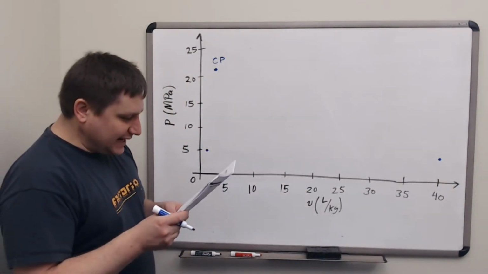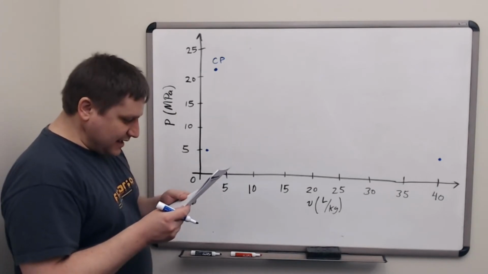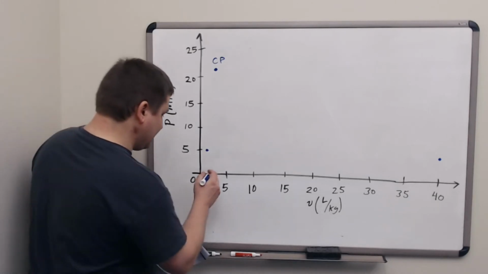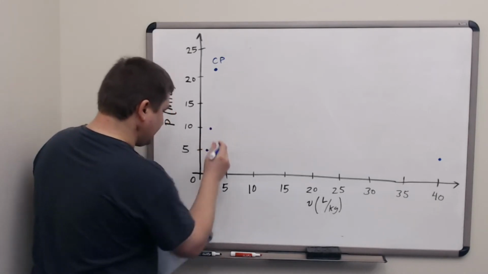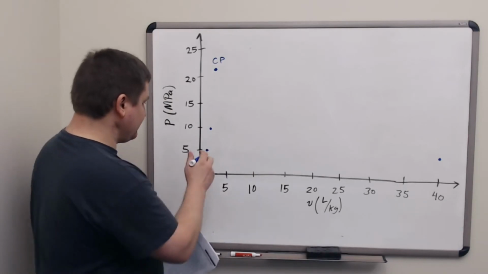Let's move up to 10,000 kilopascals or 10 megapascals. At this pressure, the volume of the liquid is 1.45, and the volume of the gas is 18 liters.